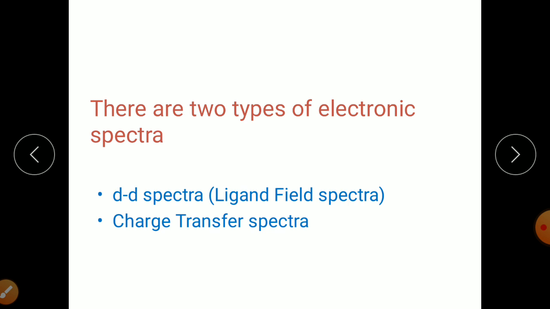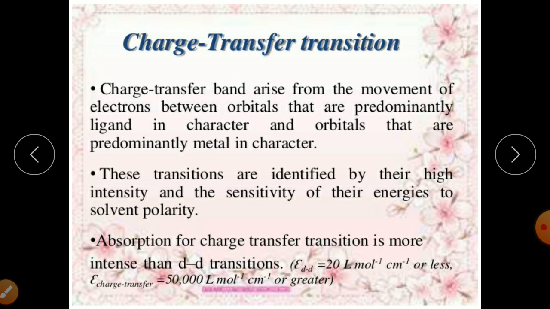And another one is the charge transfer spectra. The charge transfer spectra means the spectra originate from the redistribution of electron charge density within the molecules. Means the charge transfer band arises from the movement of electrons between orbitals that are predominantly of ligand character and those that are of metal character.